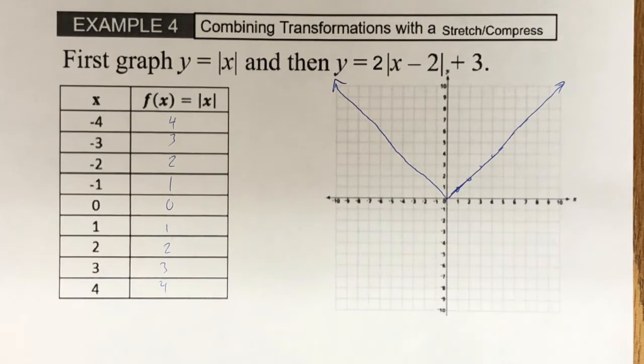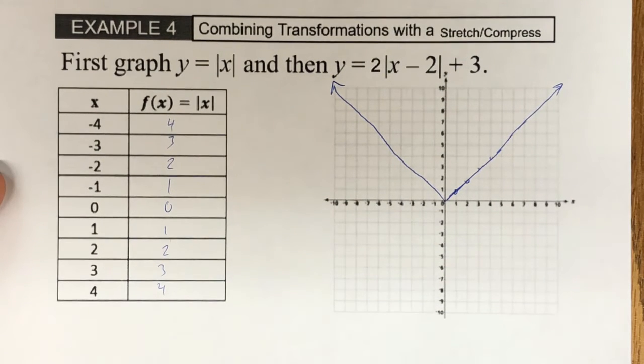And what we'll want to do here is, well, there's a couple ways to think about it. One, you can always just plug things in and graph. But it's nice to be able to do things at least kind of visually.